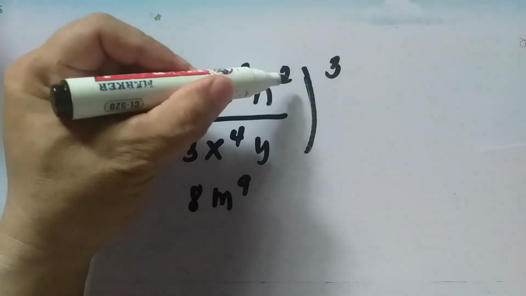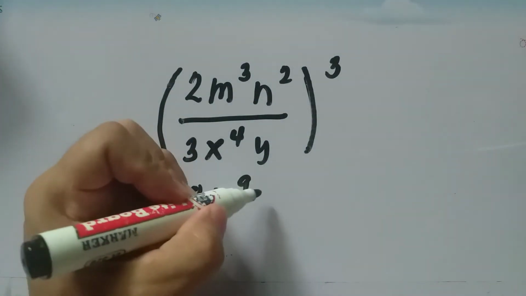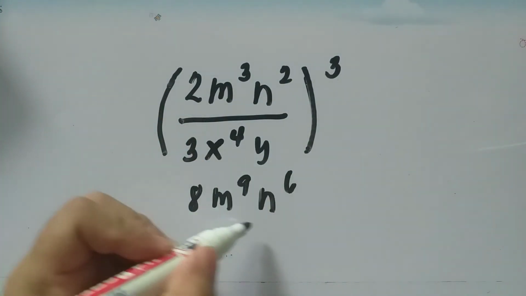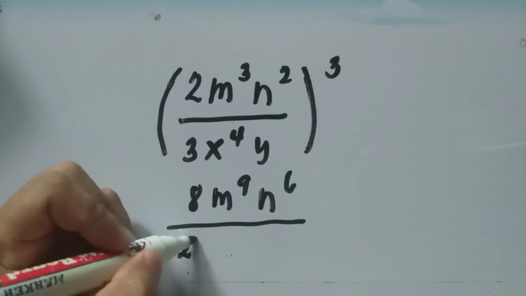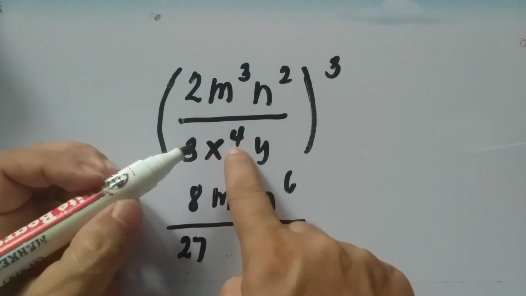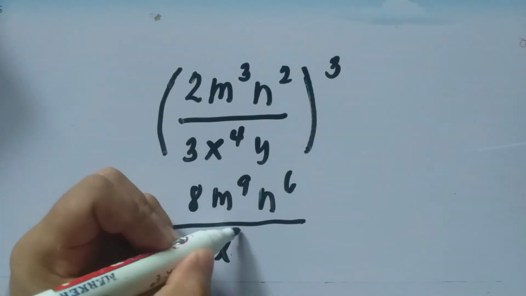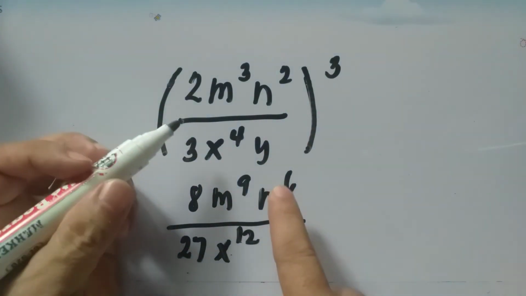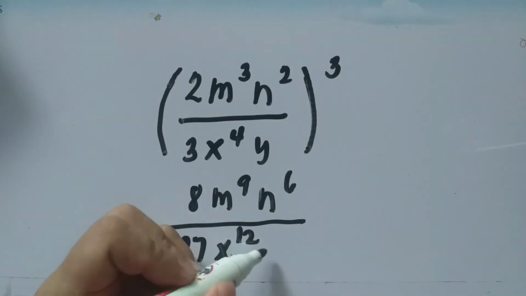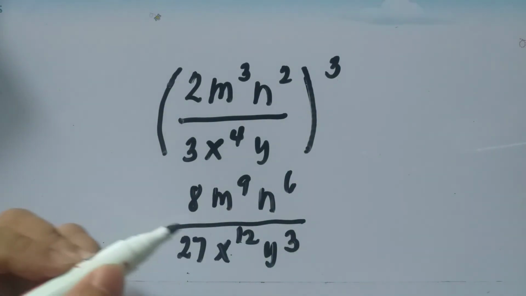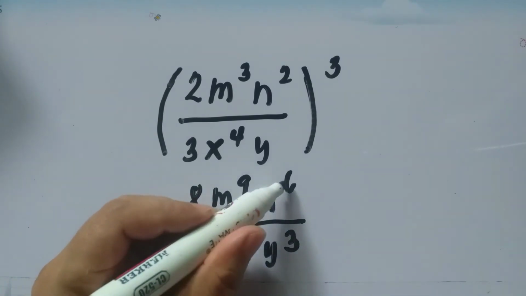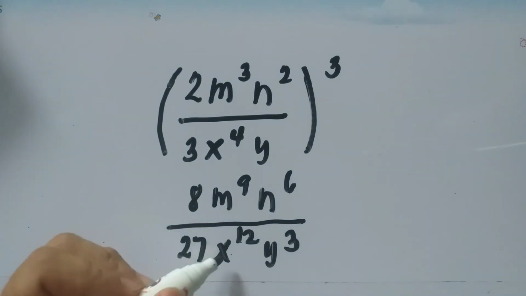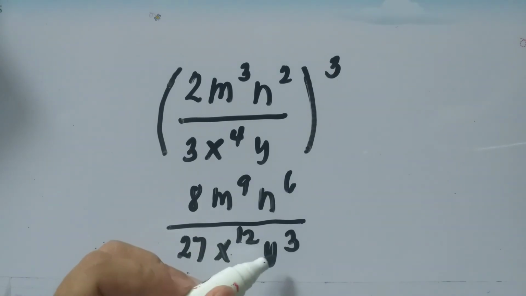Then n squared cubed is n to the 6th over 3 cubed is 27. x to the 4th cubed is x to the 12th. Then y cubed. So we have the answer 8m to the 9th n to the 6th over 27x to the 12th y cubed.